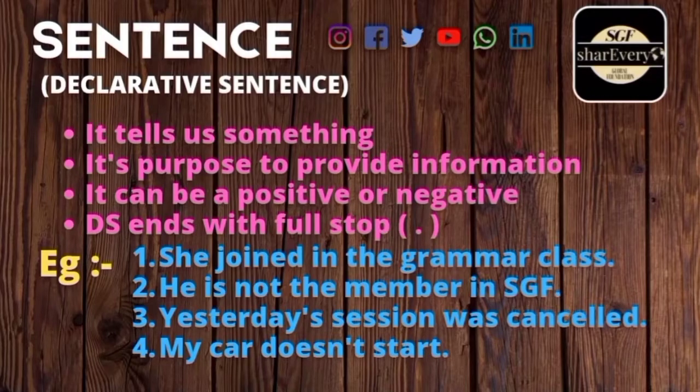This third example also: Yesterday's session was cancelled. Actually, TEACH usually conducts the grammar session every Thursday. Today is Friday, but we postponed yesterday's session to today. So yesterday's session was cancelled. In this instance also I followed four rules. And the last example, my car doesn't work.